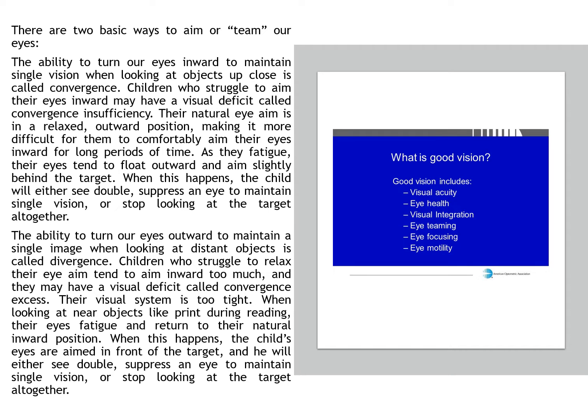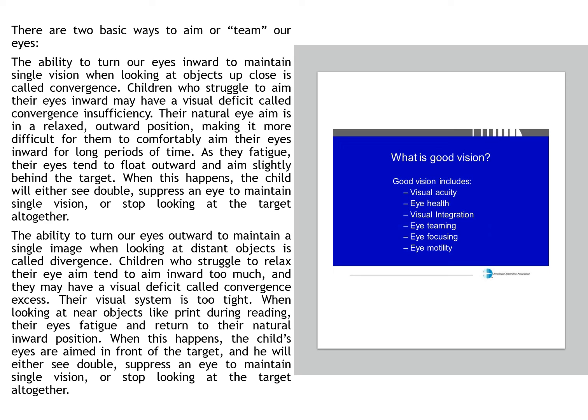Their natural eye aim is in a relaxed outward position, making it more difficult for them to comfortably aim their eyes inward for long periods of time. As they fatigue, their eyes tend to float outward and aim slightly behind the target. When this happens, the child will either see double, suppress an eye to maintain single vision, or stop looking at the target altogether.